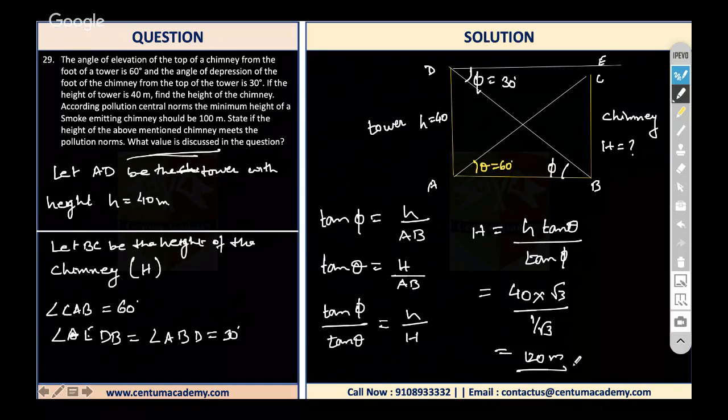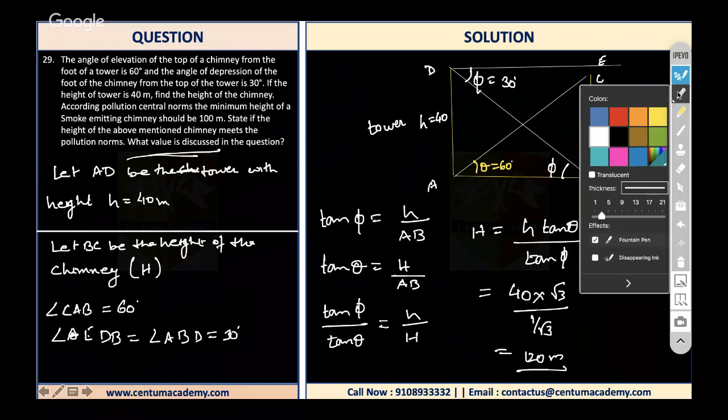That means it is well within the legal limits. So the value is that the law must be abided with, it must be obeyed. So the person who is owning this chimney is a law abiding citizen of this country.